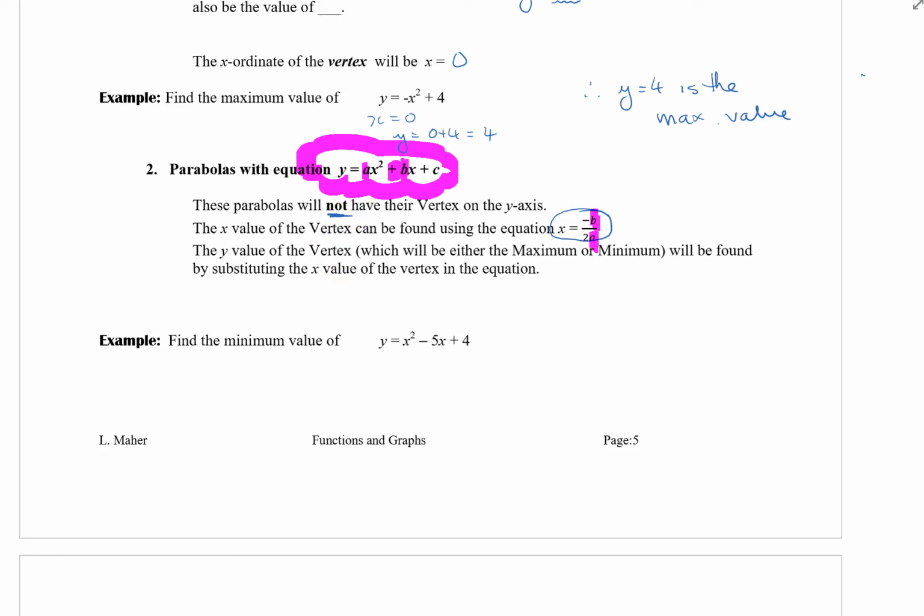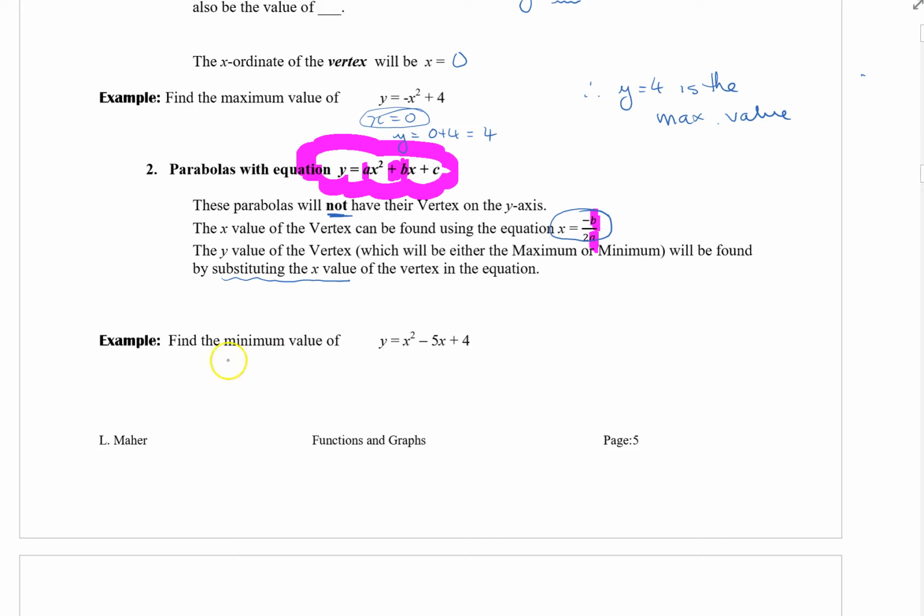The y value, it goes on to say, will be found by substituting the x value, just like we subbed the x value back in the simple one, into the equation to find the y value. So we'll actually have two steps. They're more complicated parabolas, and the solution is more complicated. It involves finding the x value, not just assuming it's 0. Find the x value and sub that.